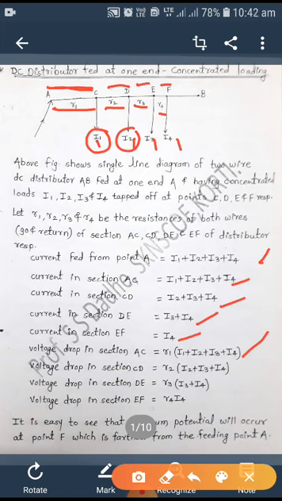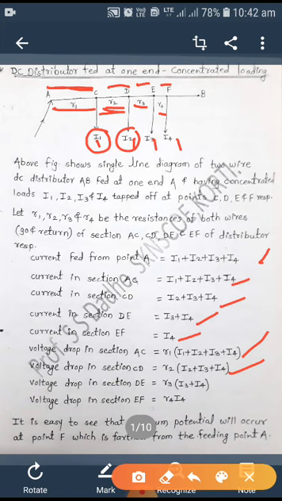Similarly we can write the equation for voltage drop in section CD. Section CD has the resistance R2 and current in that section is I2 plus I3 plus I4. Therefore voltage drop in section CD is R2 into (I2 plus I3 plus I4).